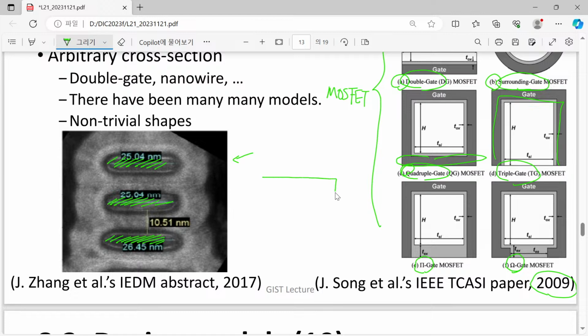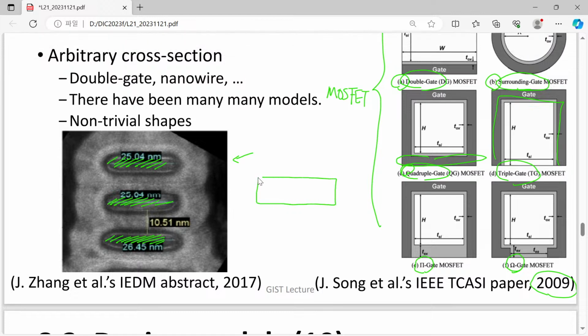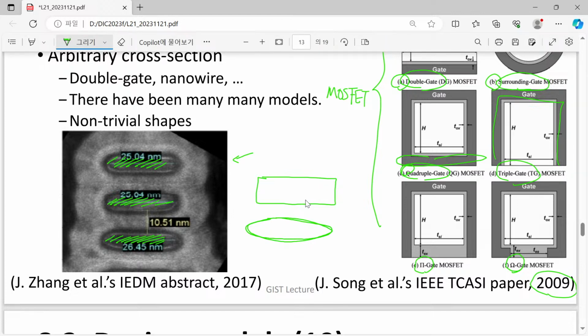Is it really a rectangle? Actually not. It is something like a ball used in a rugby game. Anyway, it's like an elliptical shape, but not perfectly elliptical. In this central part, it is flat.